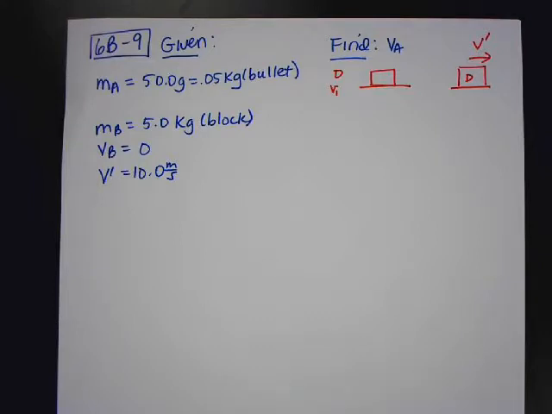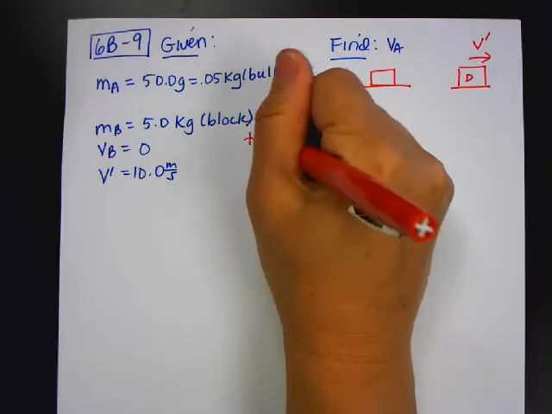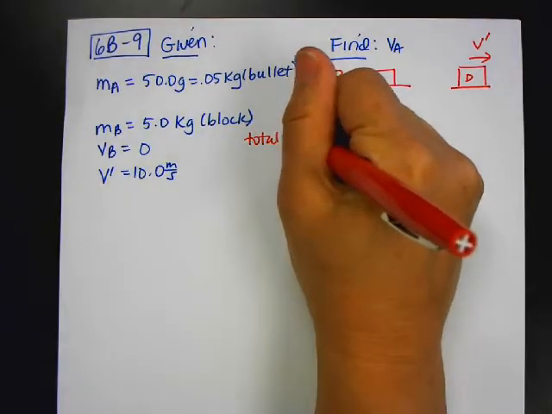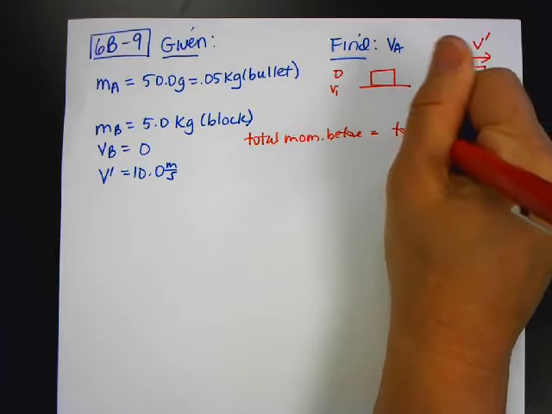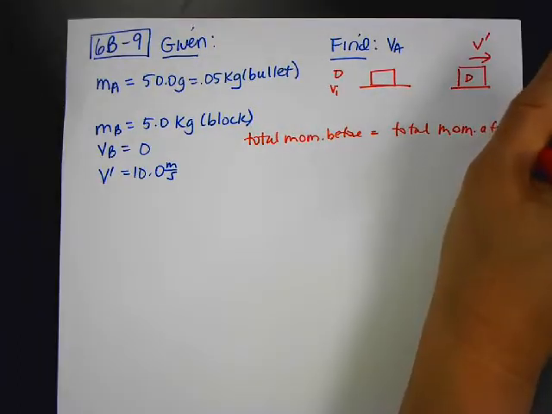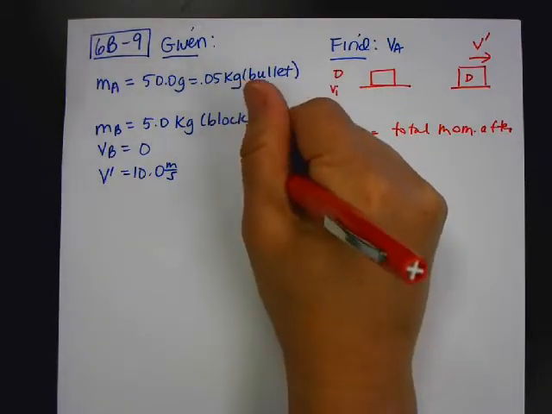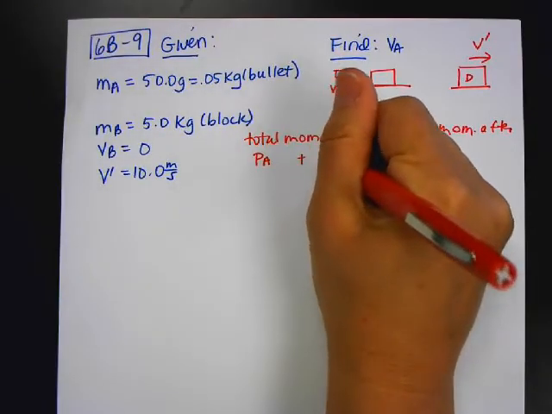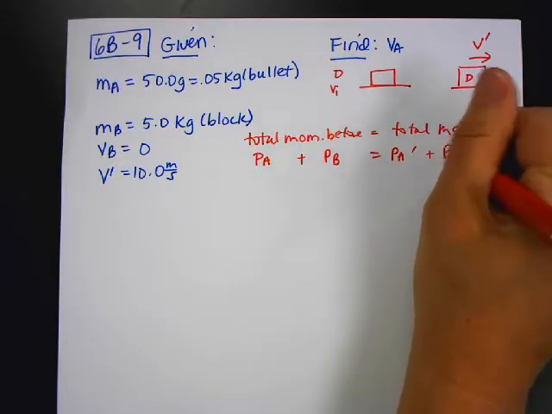With conservation of momentum, we know that, in layman's terms, the total momentum before is equal to the total momentum after. The total momentum before is going to be the momentum of A plus the momentum of B, equal to the momentum of A after and the momentum of B after.